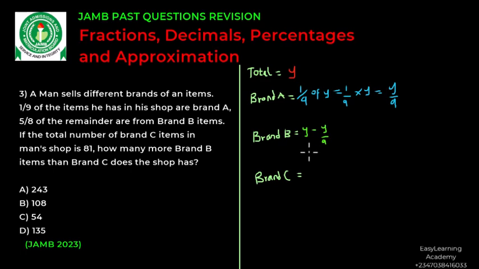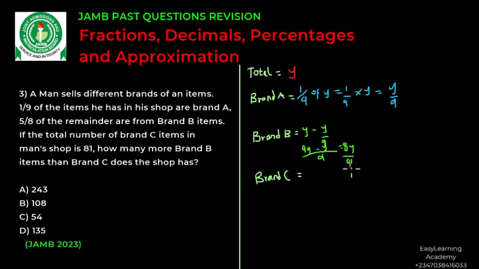Taking the LCM of this, 1 goes into 9 nine times, nine times Y gives us 9Y, and then minus Y over 9. 9Y minus Y gives us 8Y, all over 9.